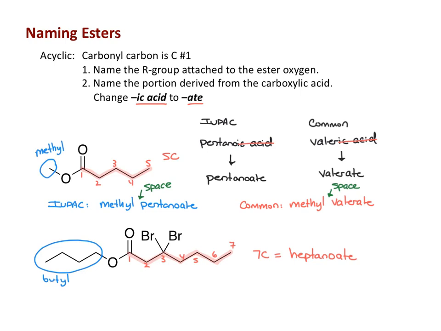So that's heptanoate. To put the name together, we start with the group on the ester oxygen, which is the butyl. Leave a space, then we add any substituents, which is 3,3-dibromo. And then finally the parent, heptanoate.